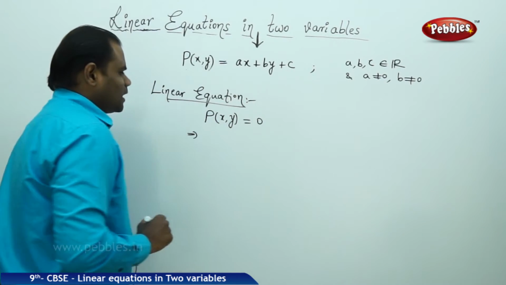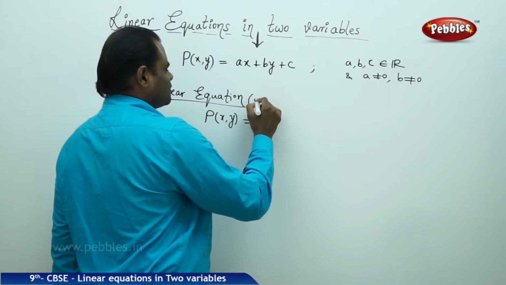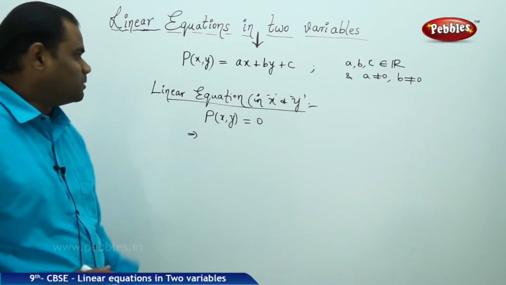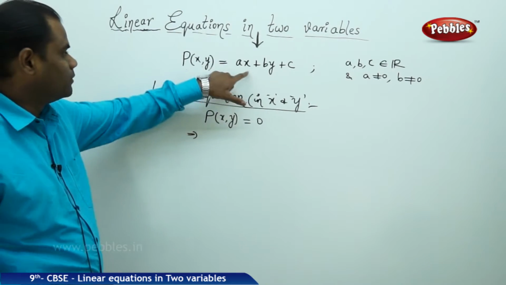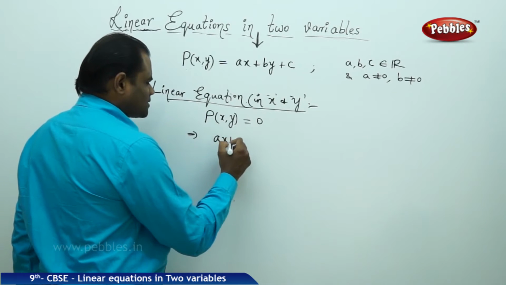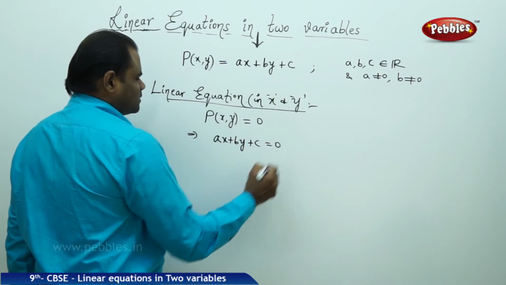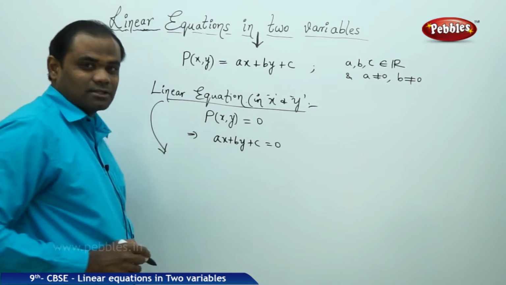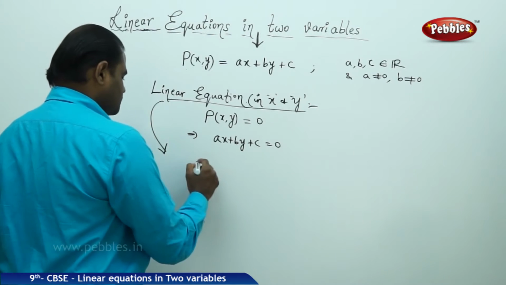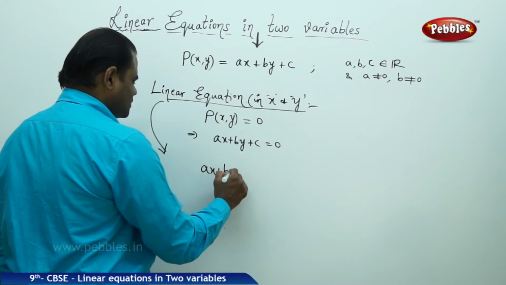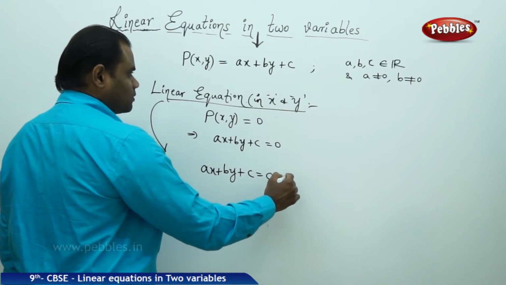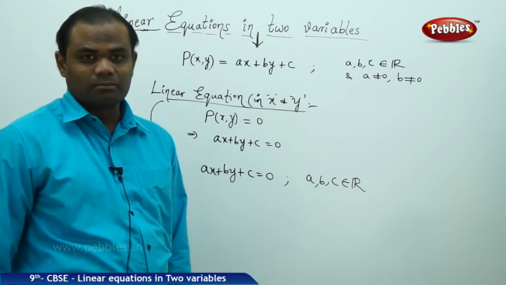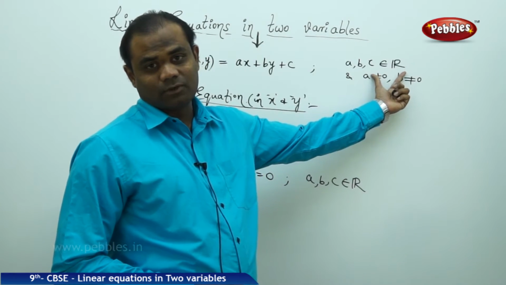That implies a linear equation in x and y is defined to be p of x comma y equal to 0, which is ax plus by plus c equal to 0. Therefore, a linear equation in x and y is ax plus by plus c equal to 0, with a, b, c belonging to real numbers, with the same condition as for the linear polynomial.